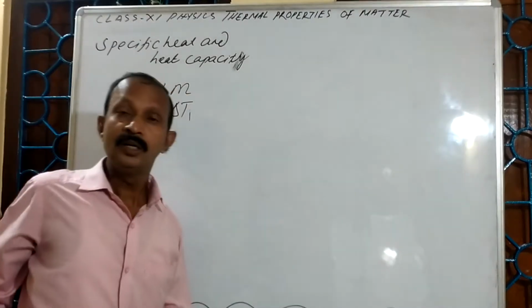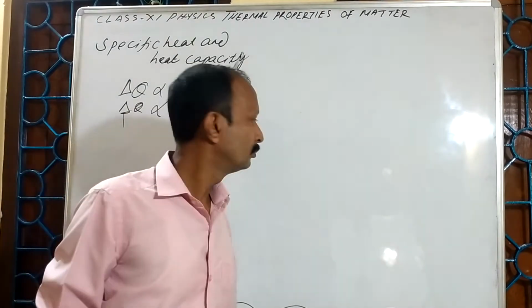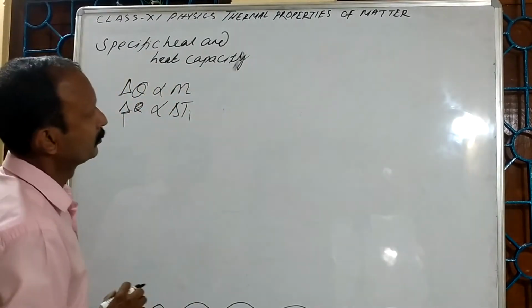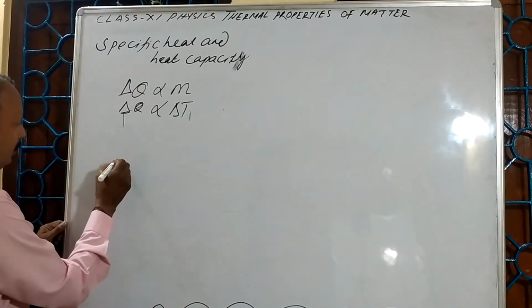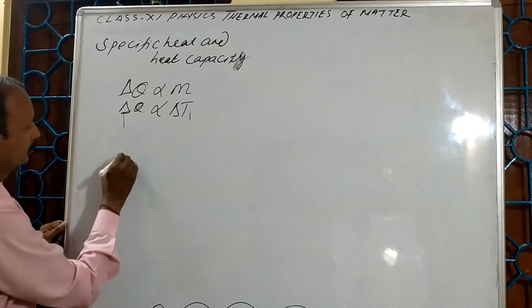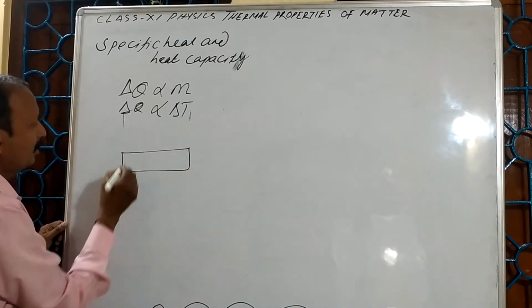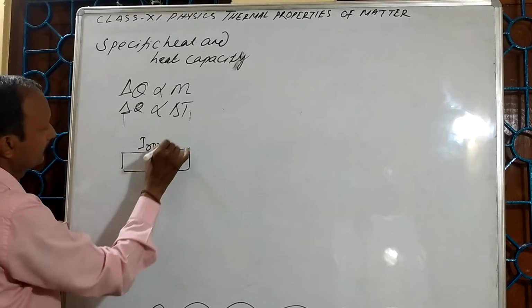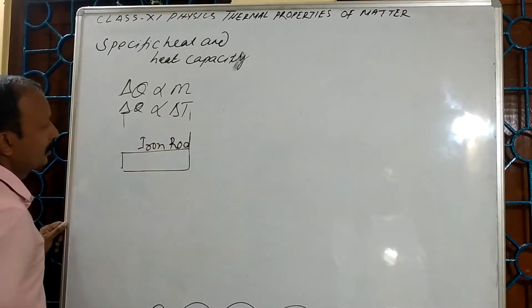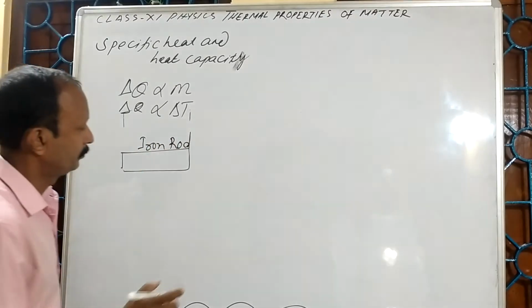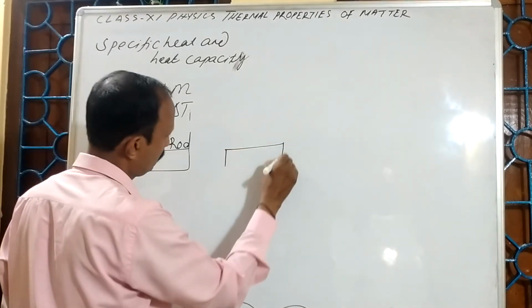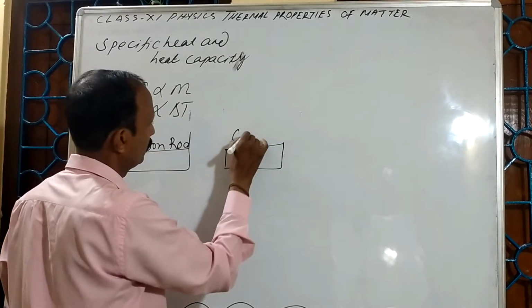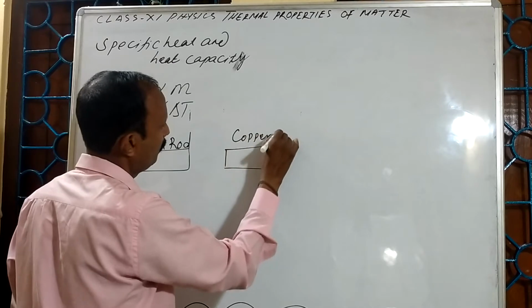For example, see here. I am taking a piece of iron rod. This is copper rod.